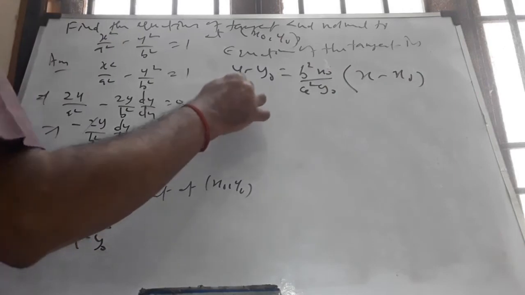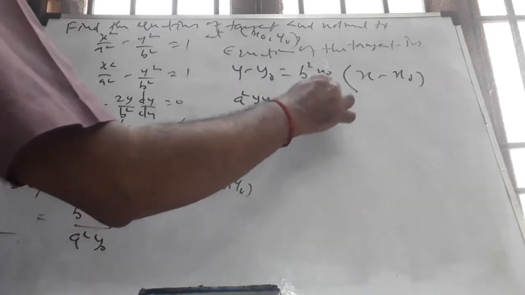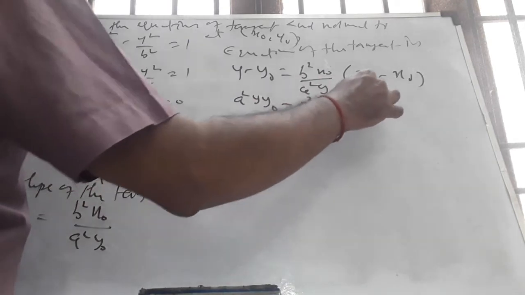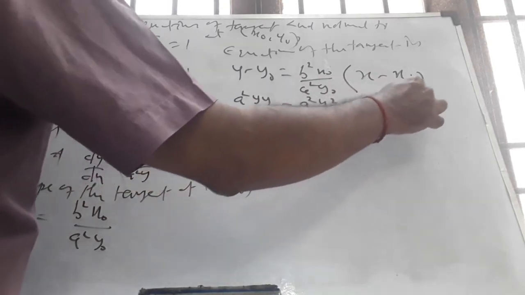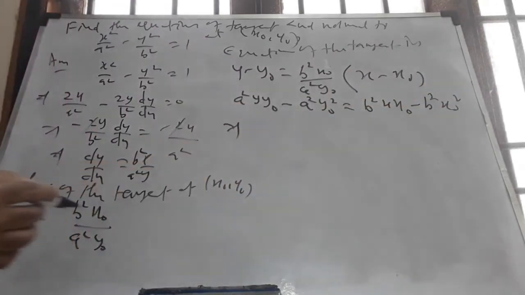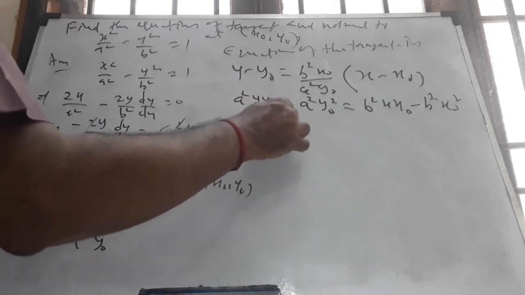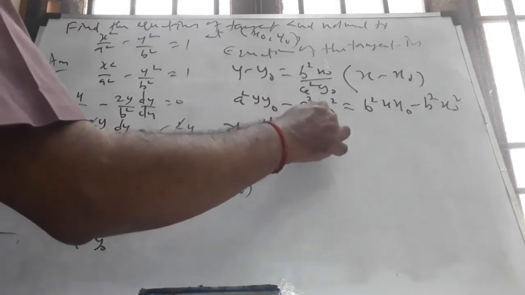Cross multiply: a square y naught into (y minus y naught) is equal to b square x naught into (x minus x naught), which implies a square y naught y minus a square y naught square is equal to b square x naught x minus b square x naught square.